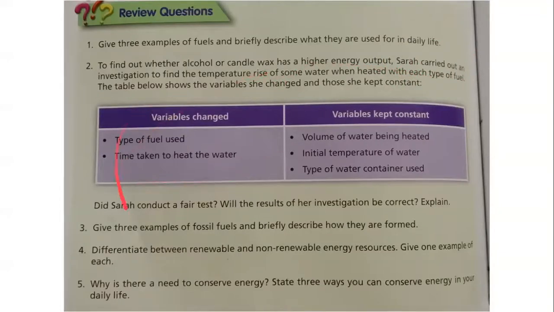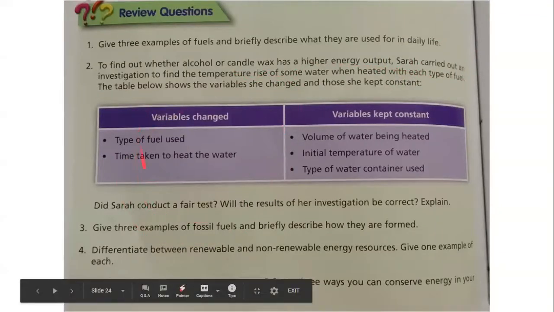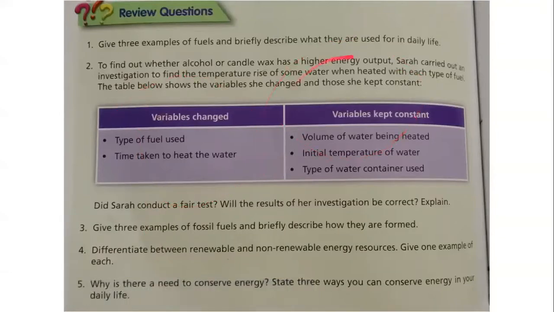But over here, you can see the variables she has changed and the variables she has kept constant. Remember, for a fair test, I already told you one condition, that one variable has to be changed, and the others have to be kept constant.